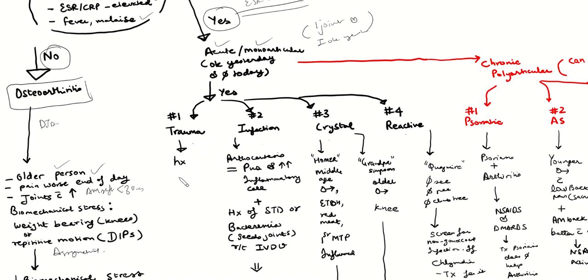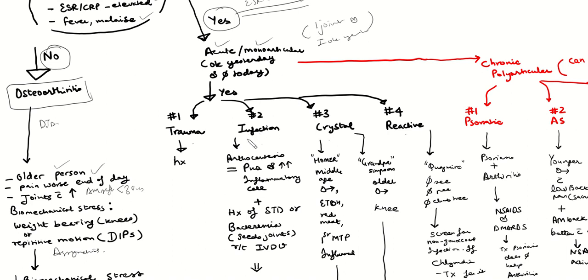Trauma, you'll get a history. Infection, the next step would be to do an arthrocentesis, because this is the one we want to make sure we don't miss. Because if we miss this one, A, it's going to kill the joint.